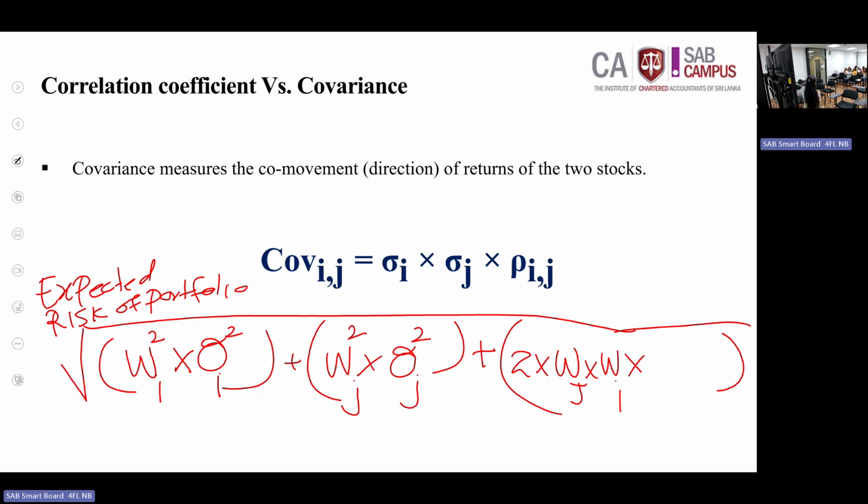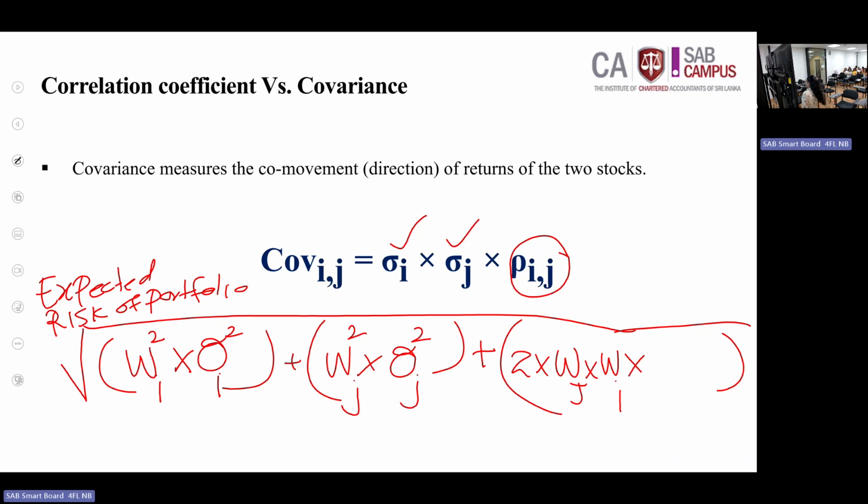My question is, if the question itself is not asking about the covariance, and if you know the standard deviation of the two assets and the correlation coefficient, do we need to spend the time to calculate covariance with the long method? No, no point.